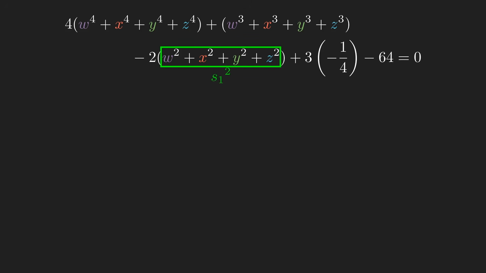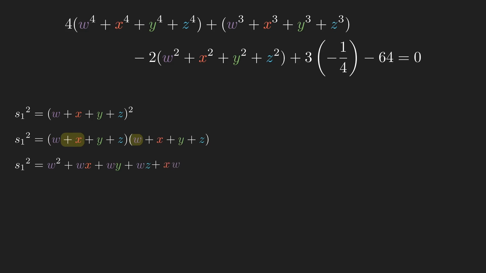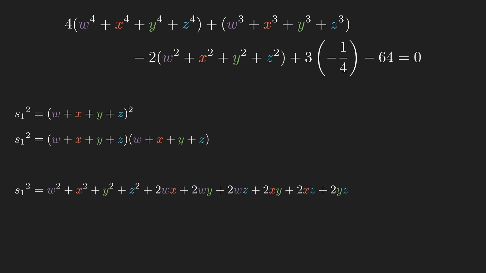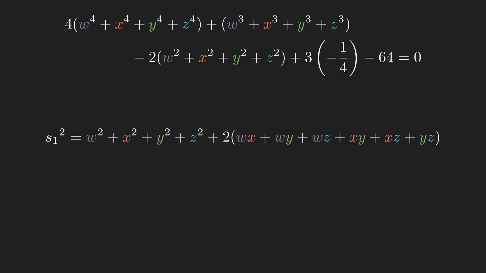Now let's tackle the sum of the squares. It'd be nice if that were just S1 squared, but that's not how algebra works. Well, what is S1 squared? It can't be too far off from the sum of the squares, right? If we multiply it out, we get this. There's our target, the sum of the squares, but we also have this extra bit, wx plus wy plus wz plus xy plus xz plus yz.